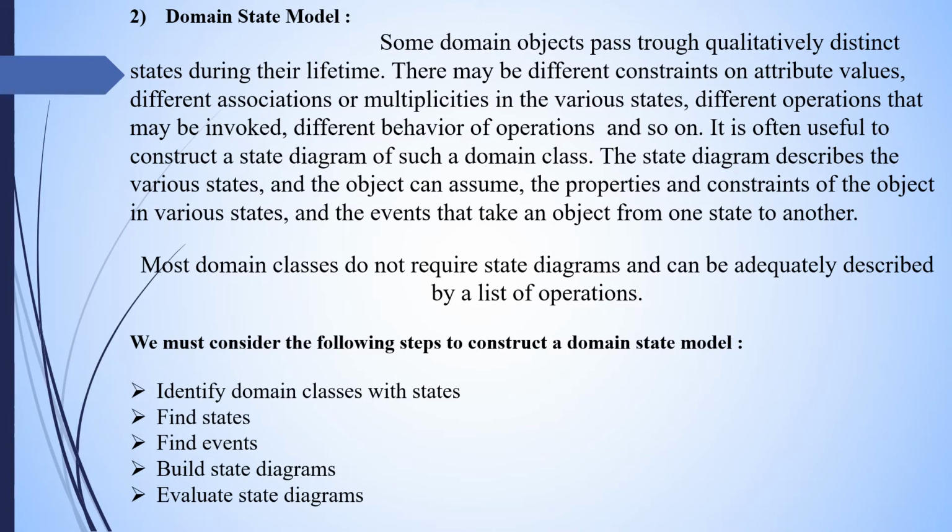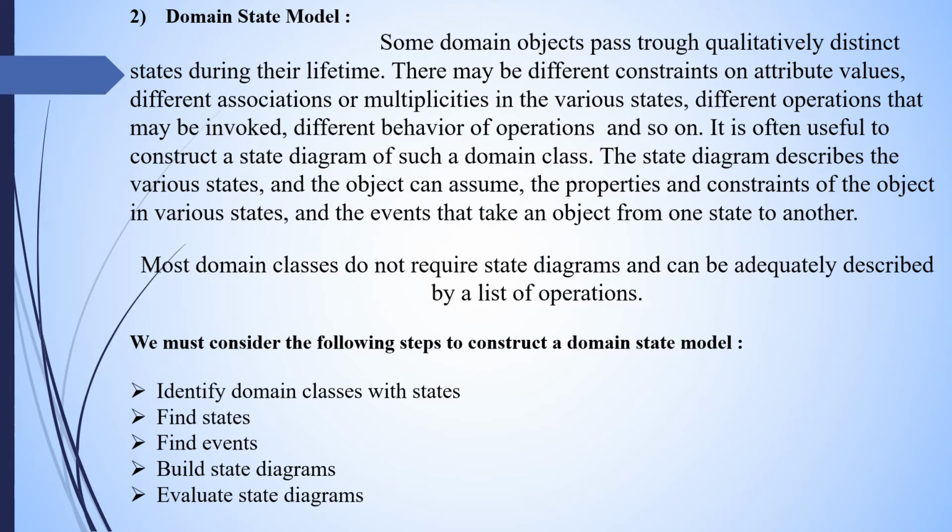Next one is the domain state model. Some domain objects pass through qualitatively distinct states during their lifetime. There may be different constraints on attribute values, different associations or multiplicity in the various states, different operations that may be invoked, different behavior of operations, and so on. It is often useful to construct a state diagram of such a domain class.